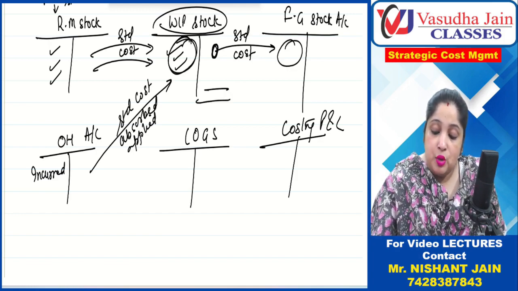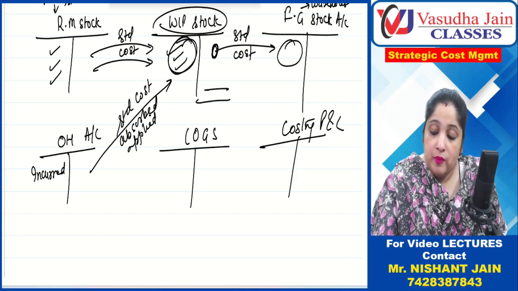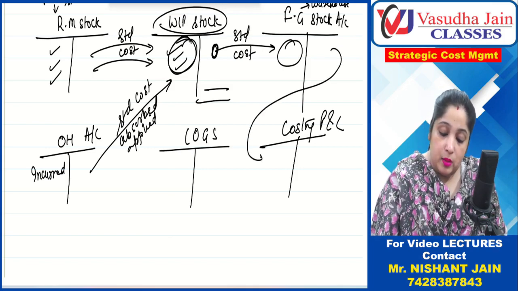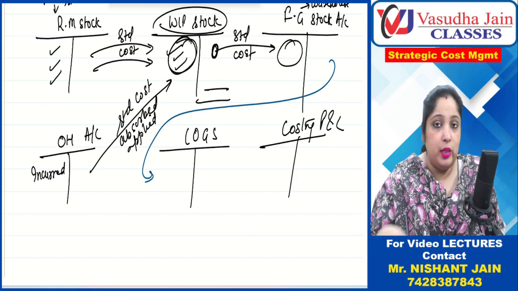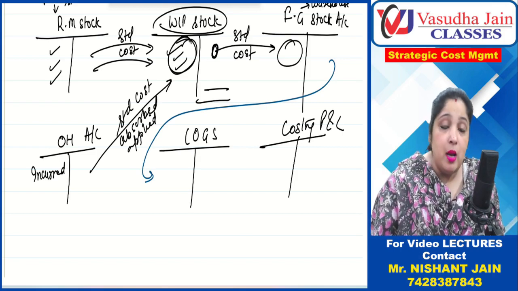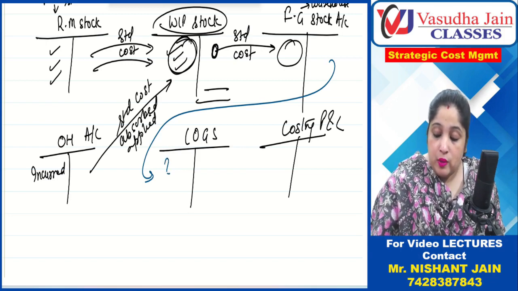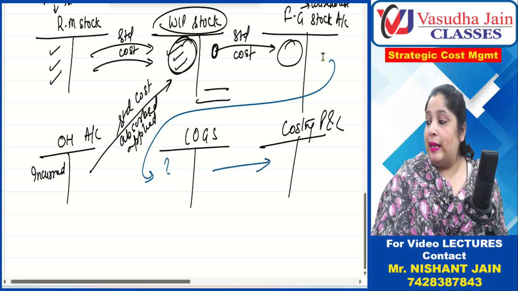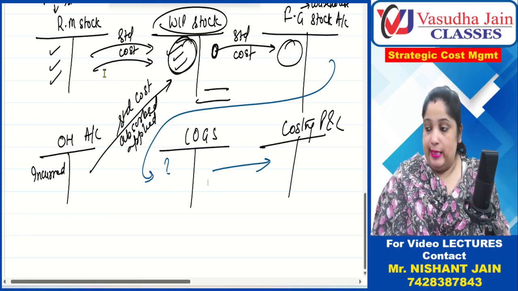Then out of finished goods stock, whatever goods have been sold will be transferred to cost of goods sold, because the item has been sold, so it is no more an asset. Then the complete cost of goods sold amount will be transferred to costing profit and loss. So if one side is getting credited, then the other side is getting debited, right? This is how the proforma is completed.